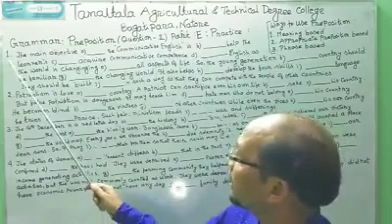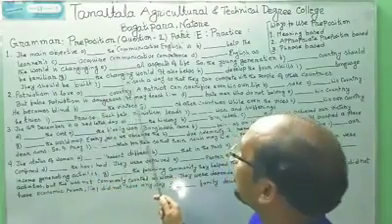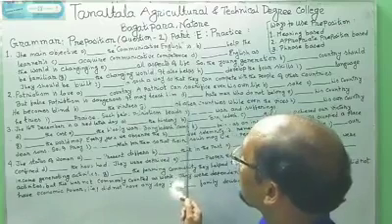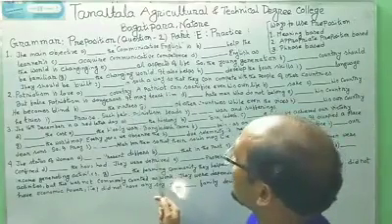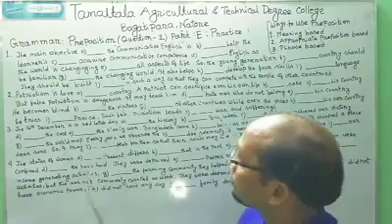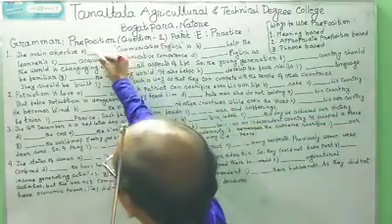Practice A. The main objective of communicative English is to help the learners. Here we will put of.